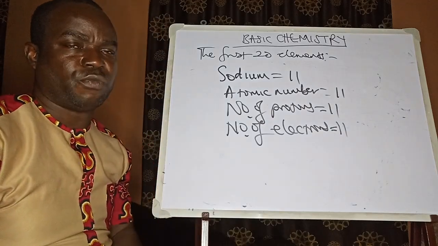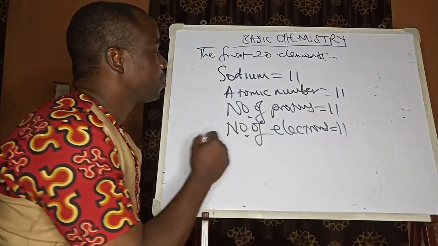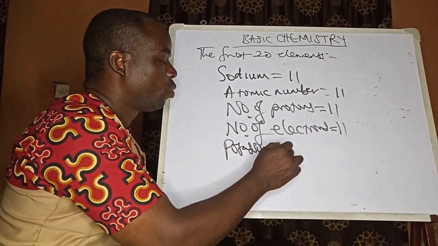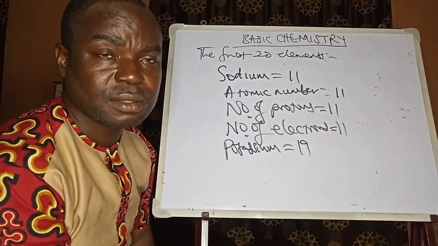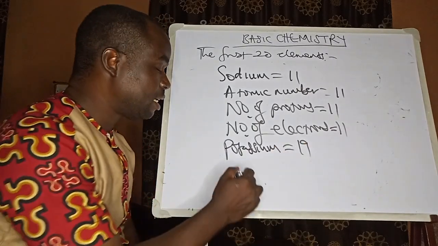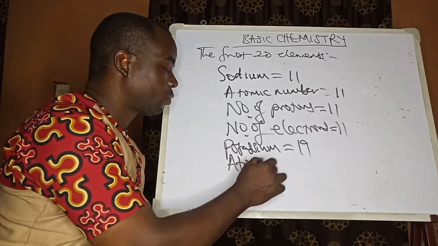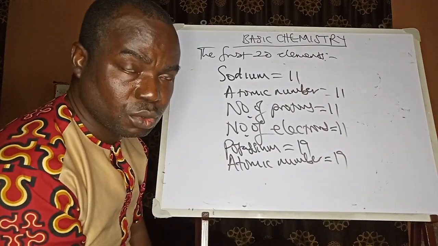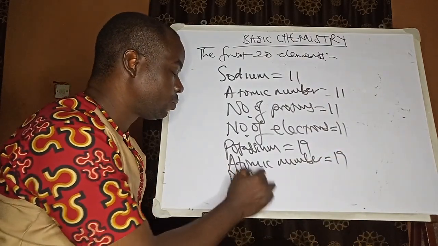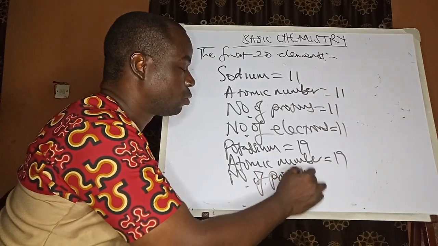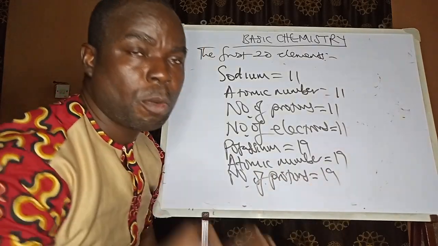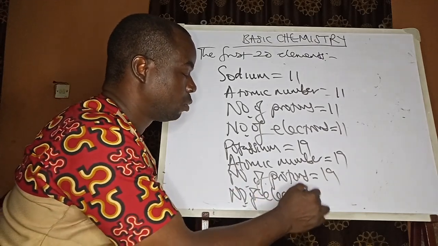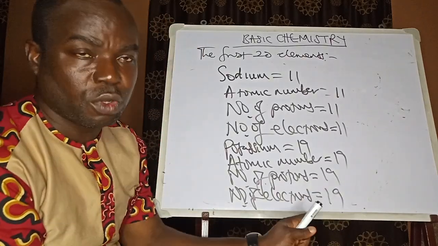Take note of that. Very, very important. Let's do another one. Let's do potassium. What number is potassium? 19, right? What does that imply? It means that the atomic number is 19. Take note. The number of protons is 19, and the number of electrons is 19. So take note of this.